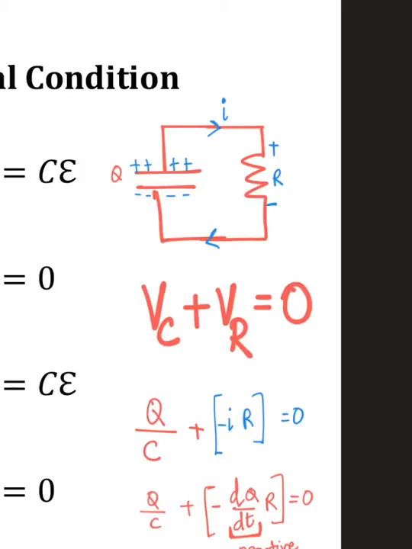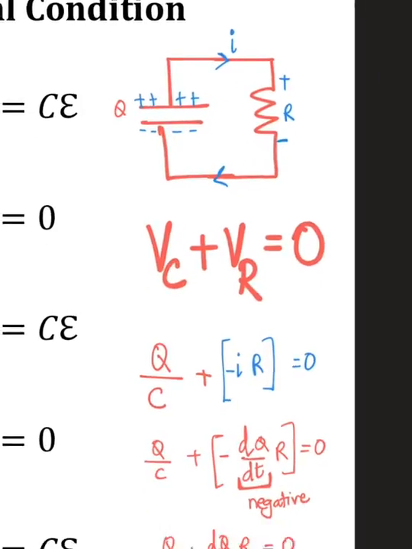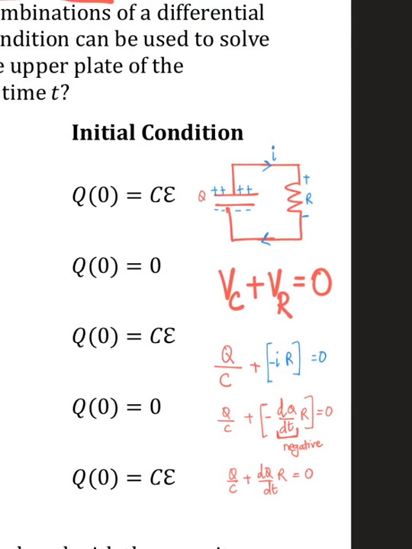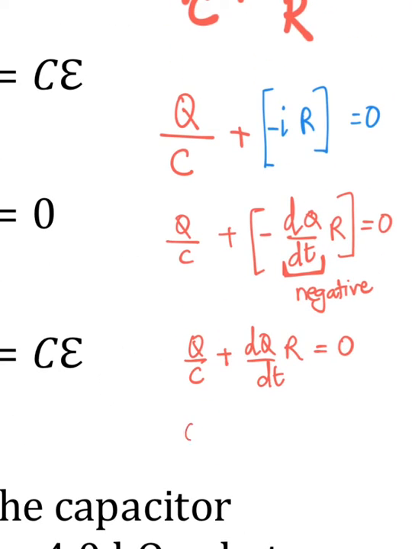That means this rate of change of charge in the circuit is actually decreasing. The charge is decreasing with time. That's why the change itself is negative. So that negative and the negative which was there in the equation, we combine them and we write it as positive. This is the equation for the capacitor when it is getting discharged. And the initial condition, what do you mean by initial condition? What was the charge on the capacitor when time was 0? We know that it had full charge, so that is CE.